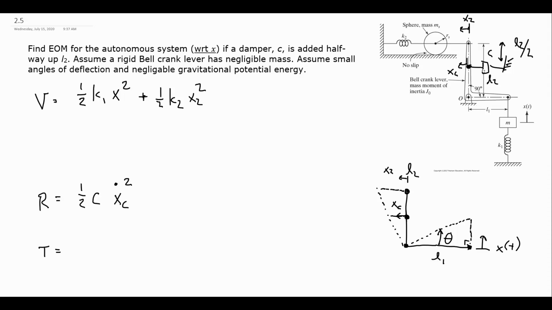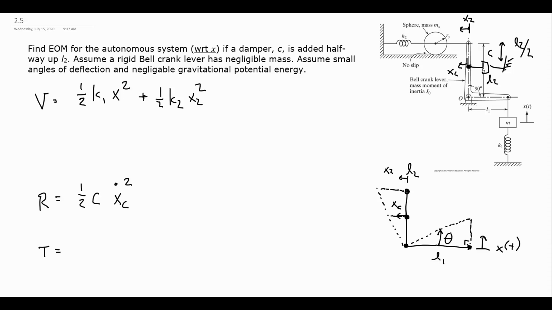So here we do have a lot of pieces with kinetic energy. So one, we have the mass M that is able to translate vertically only. So that will be one term. We have the crank lever arm with that mass moment of inertia. We are told in the problem statement to assume that it has negligible mass. So that means that we can neglect its translational kinetic energy.